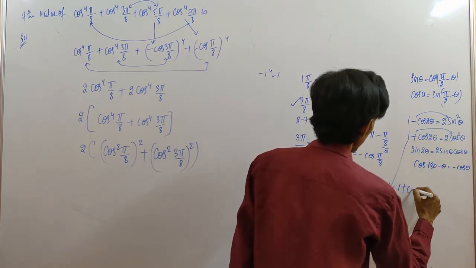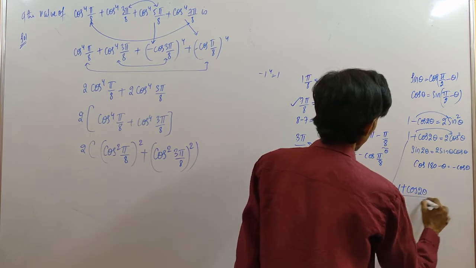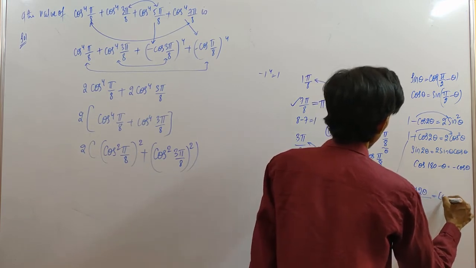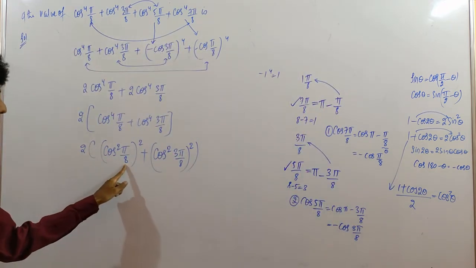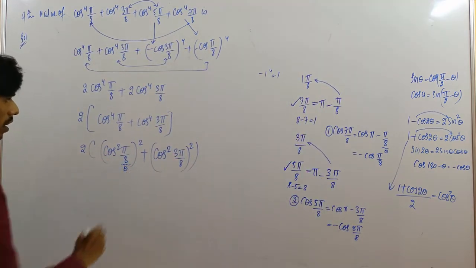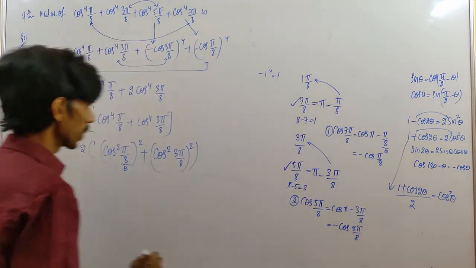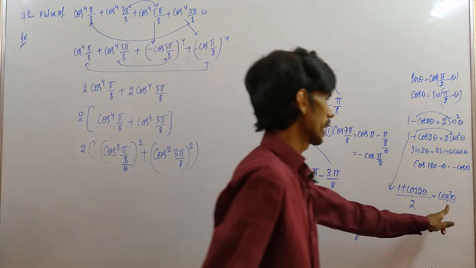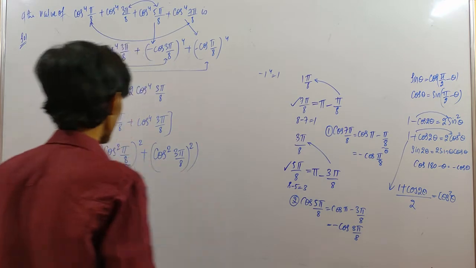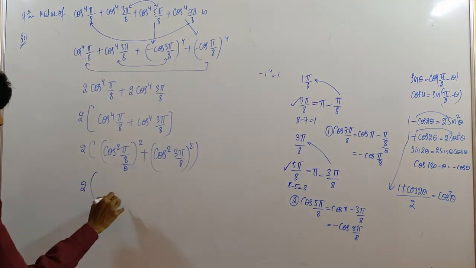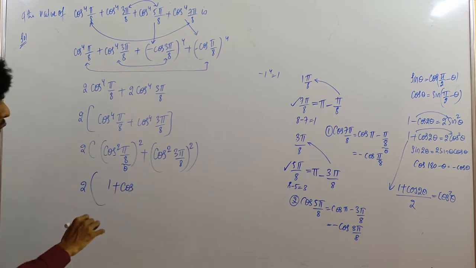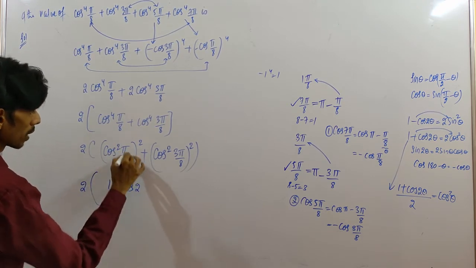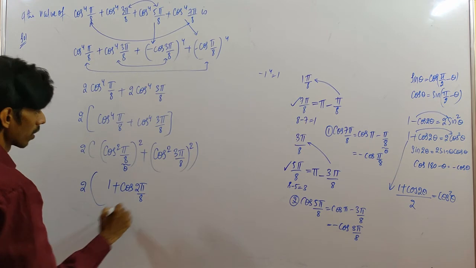So (1 plus cos 2 theta) by 2 is cos square theta. This is theta; the value is 1 plus cos 2 theta. Here we have 1 theta, here 2 theta. So write down 2 into, this will become 1 plus cos 2 times pi by 8.